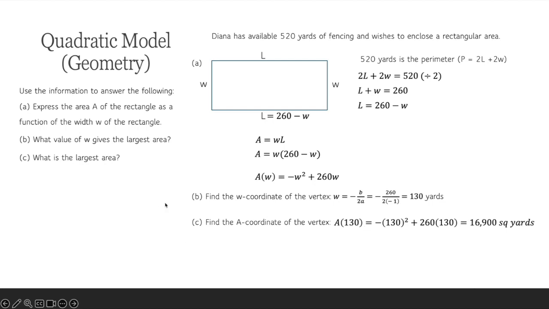So now we're done. The best way for her to use the 520 yards that she has available is by making a rectangle where the width is 130. But if the width is 130, then the length is also 130.